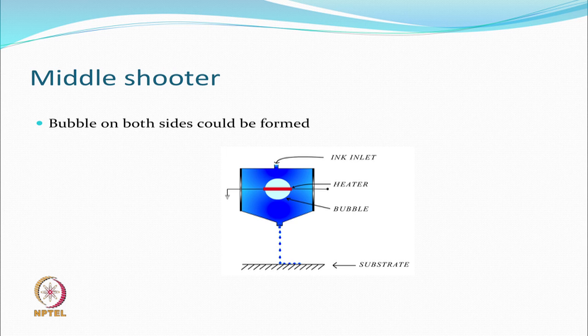So, suspended heaters are also there. Suspended means that the ink is on both sides, and so you apply a field and suddenly there will be bubbles, and one can get the same effect. So, here what are we controlling?